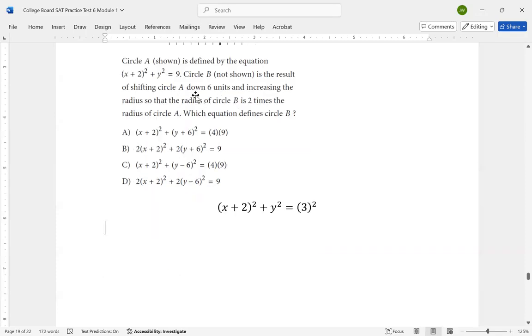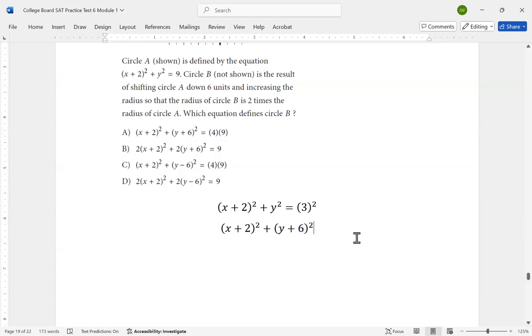Now, if we want to shift down 6 units, that's going to affect the y value. We take (x plus 2) squared plus, instead of y, shift it down by 6 units, which replaces the y with y plus 6.